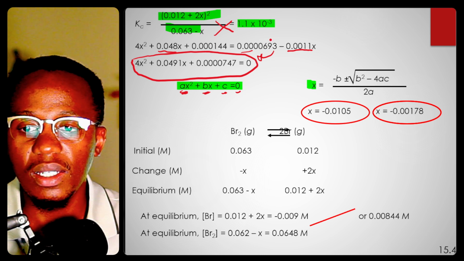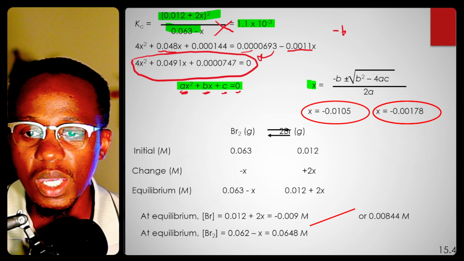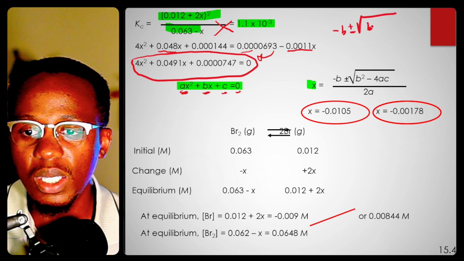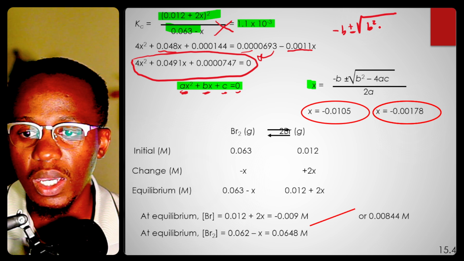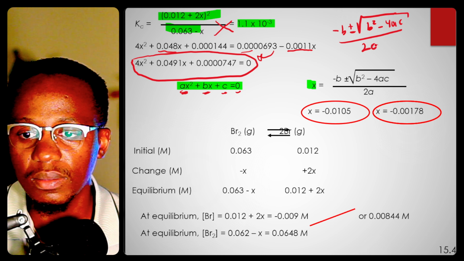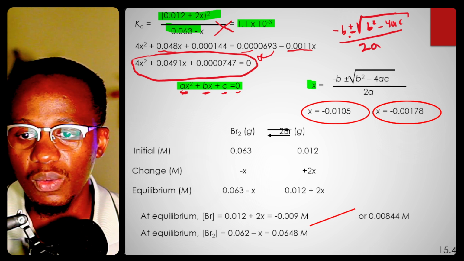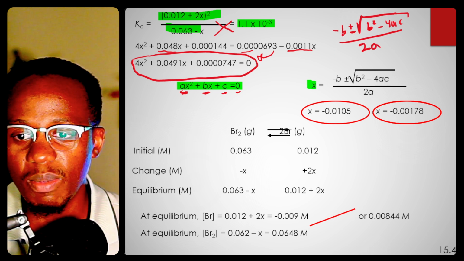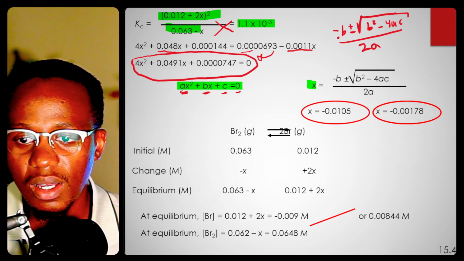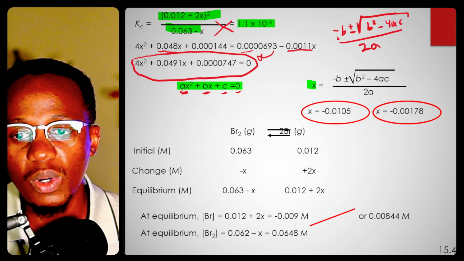And again, it's going to be equal to negative b plus or minus the square root of b squared minus 4ac, over 2a. And you're going to ask, okay, what's my b here? You're going to do it in your calculator, but I don't think your calculator can solve the quadratic formula equation.